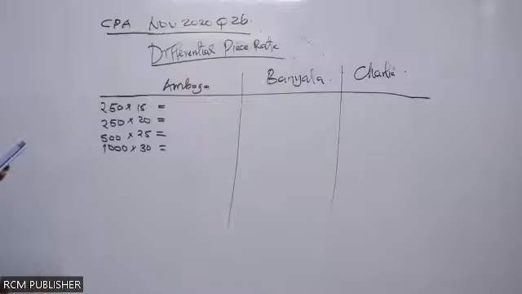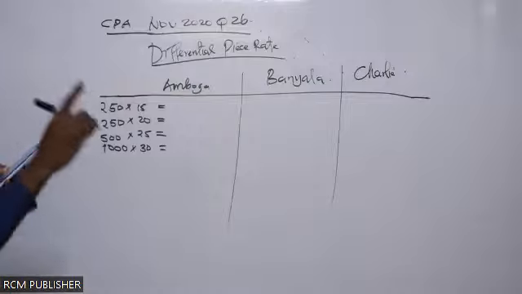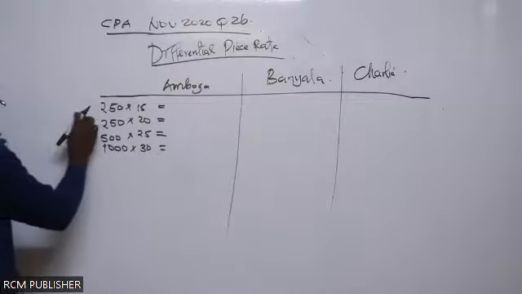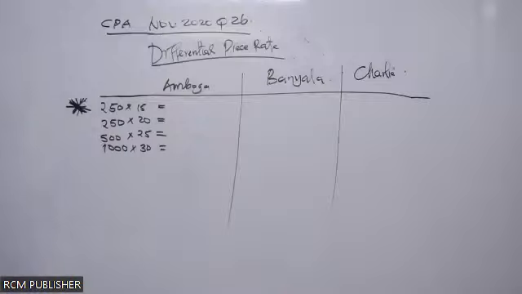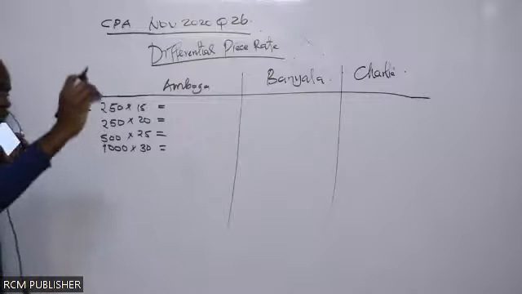So we first of all get that the spoiled units are supposed to be deducted from the first production. The first schedule here is where we deduct the spoiled units.